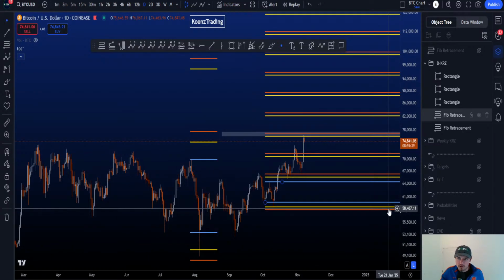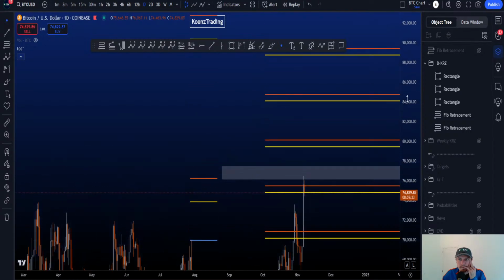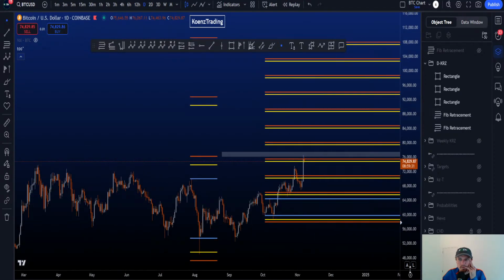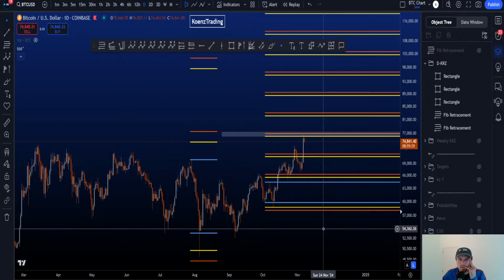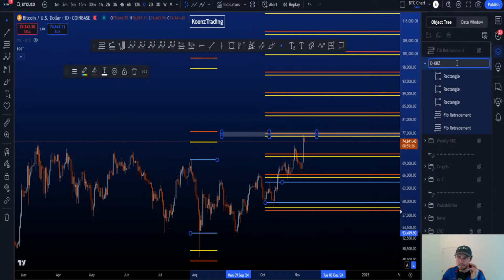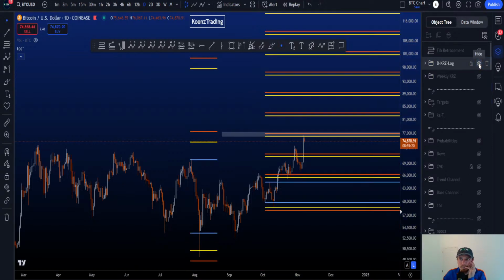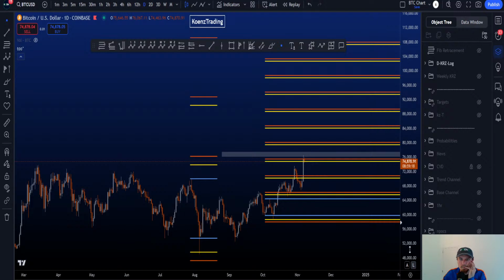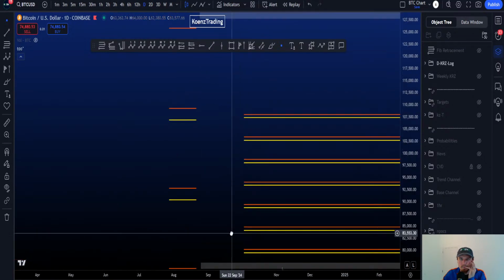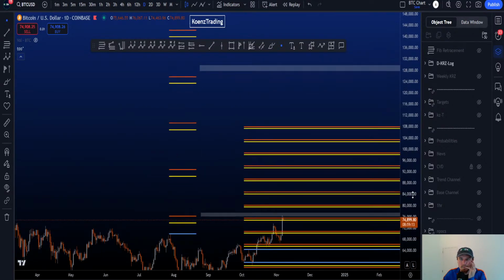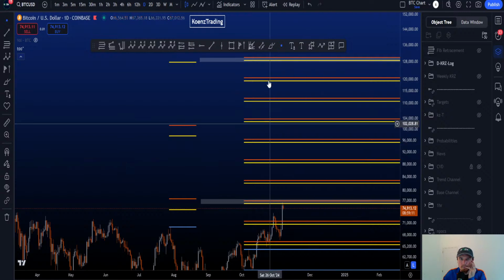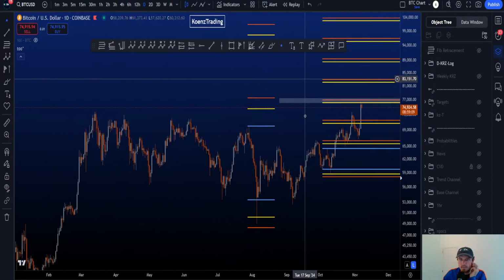I need to be very sharp on what I use on my chart here. In both cases, yeah, want to use log.